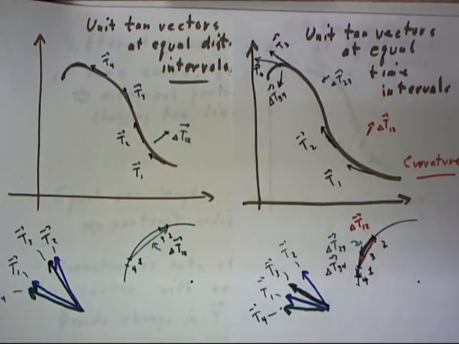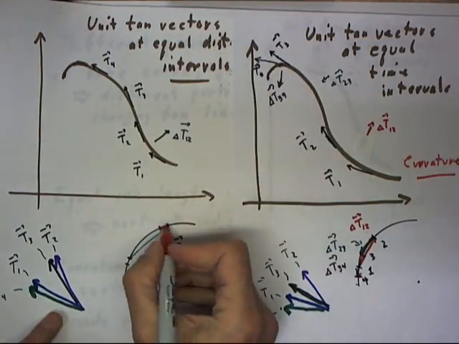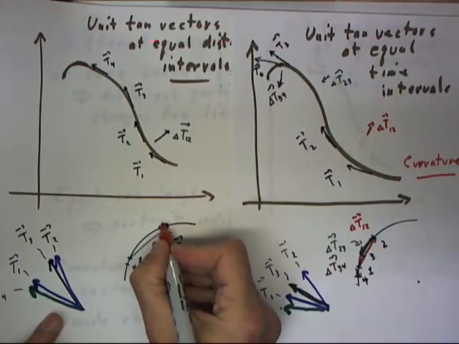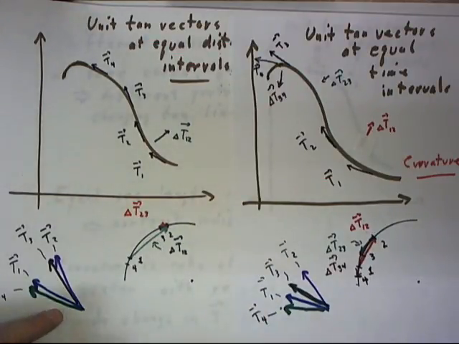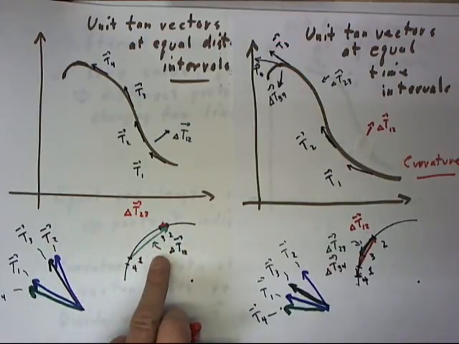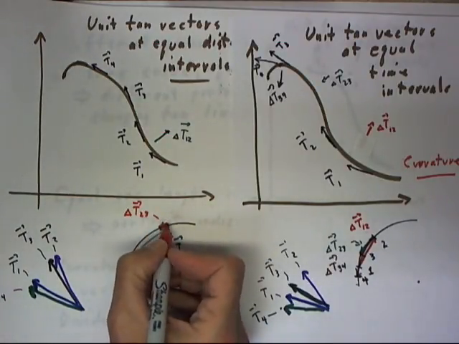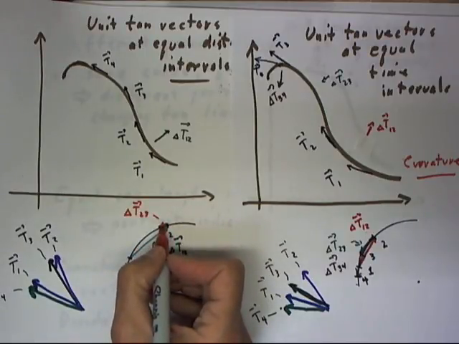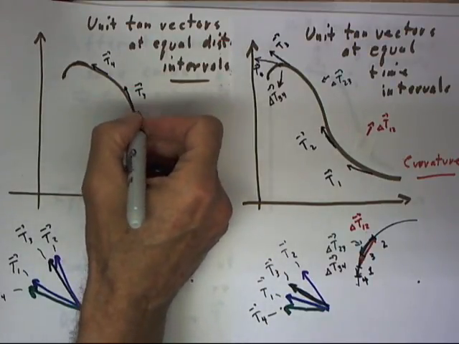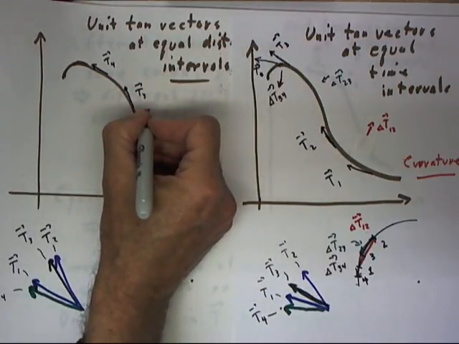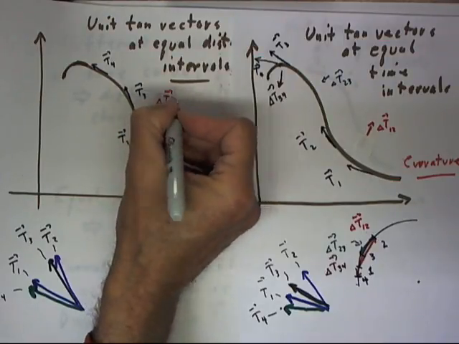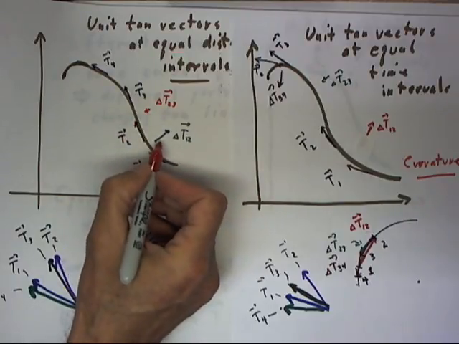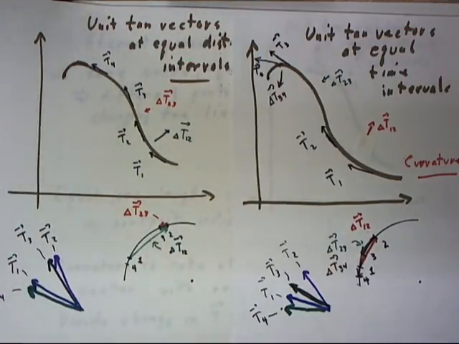Our delta T 2, 3 is going to go from point 2 to point 3. It's going to just be a little vector much shorter than our delta T 1, 2. You can't even really see it, it just looks like a red smudge, but when we draw it up here we'll see that we've got a delta T 2, 3 that's much shorter than our delta T 1, 2.